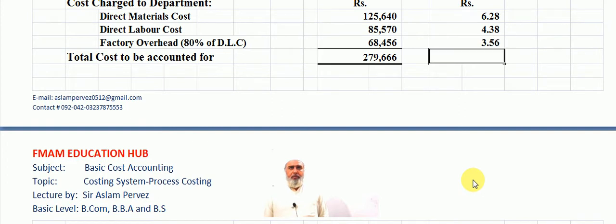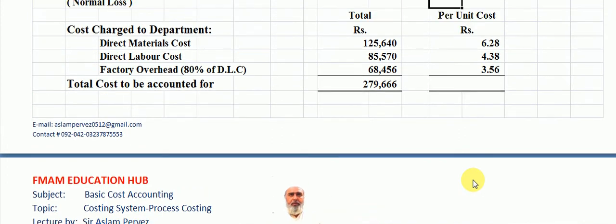Students, these are the unit per cost in all sectors, like material cost, labor cost and the factory overhead cost.